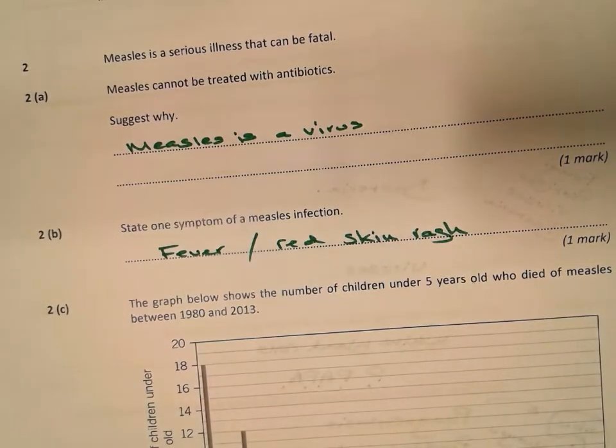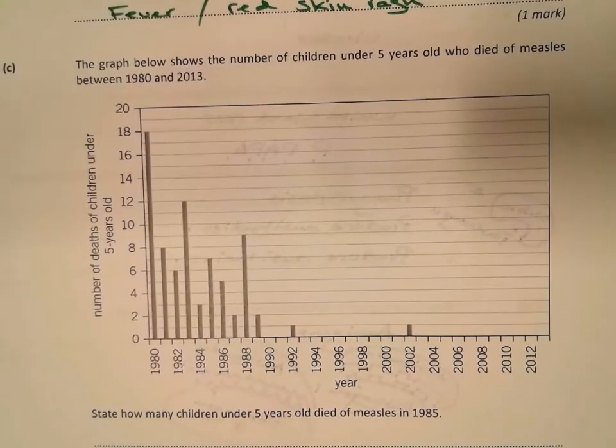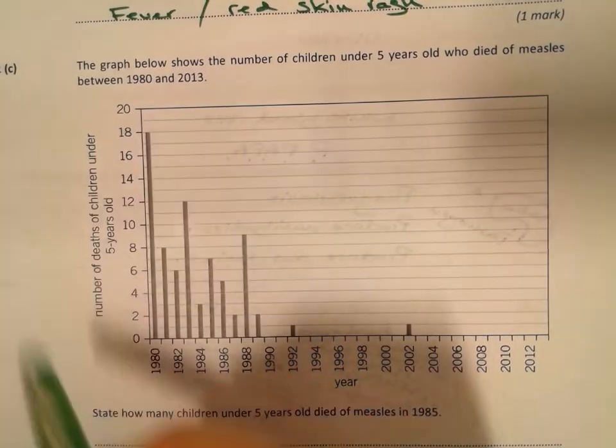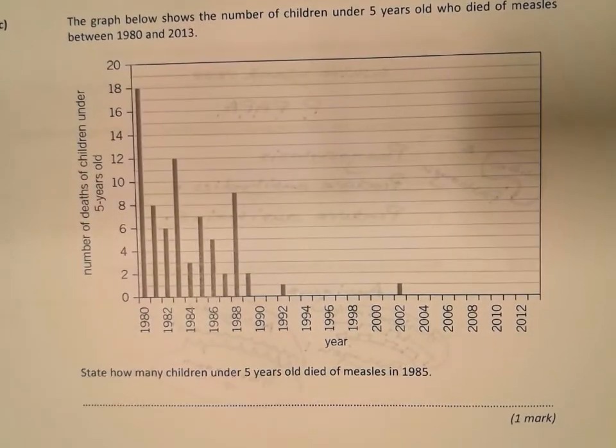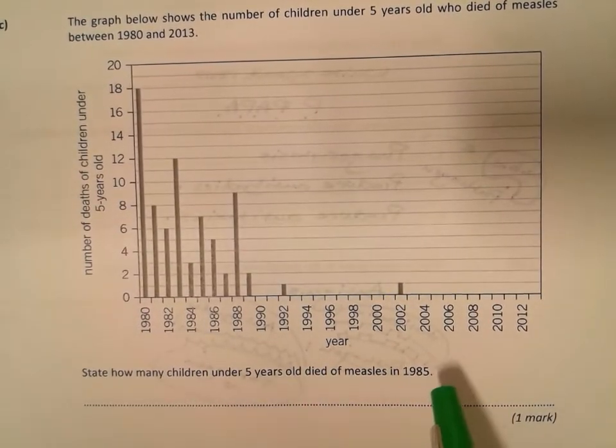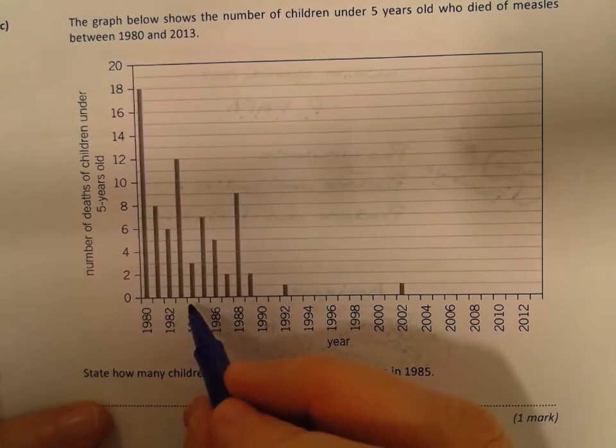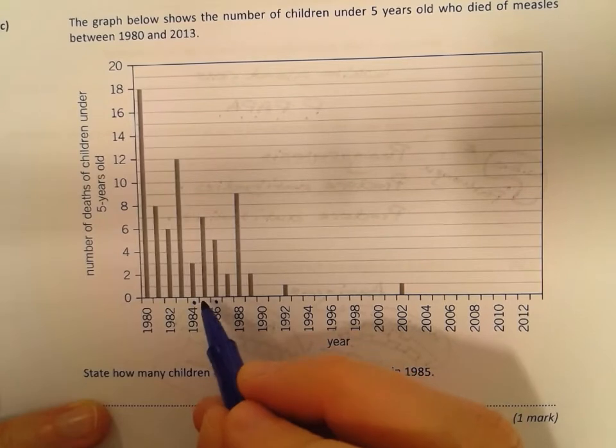Going down to look at the graph, we've got the year on the x-axis, the number of deaths on the y-axis, and it wants to know the number of children under 5 that died in 1985. Here's 1984, there's 1986, 1985 is in the middle.